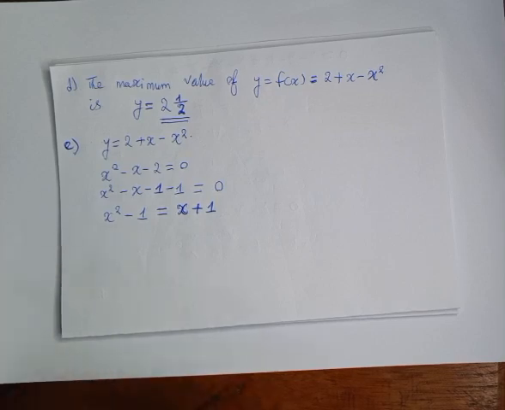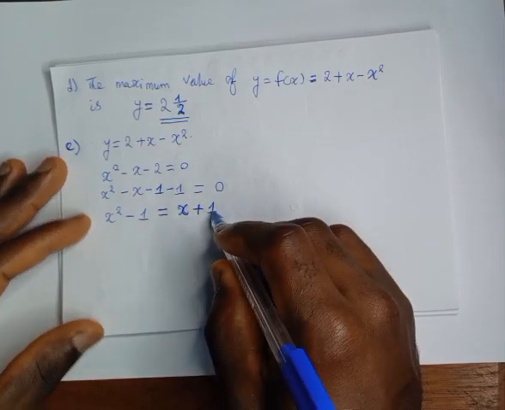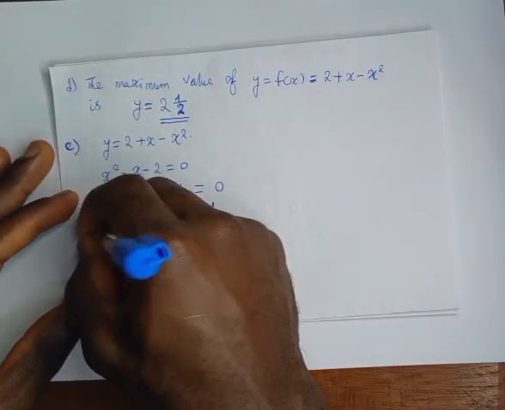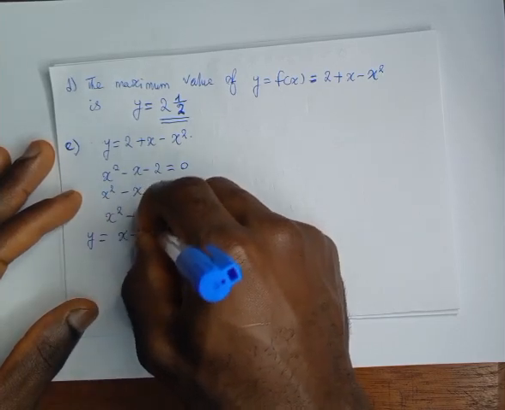That's what it means. So now they're asking us to draw a suitable straight line to solve the equation x squared minus 1 is equal to 0. Now, x plus 1 is the equation of a line. Let's just call this y equal to x plus 1.